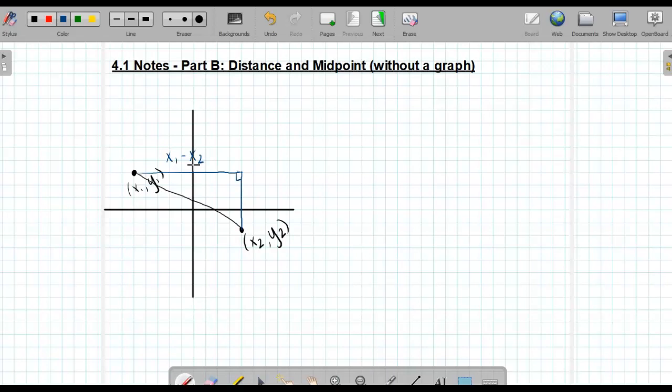It doesn't really matter which order those two are in. I could subtract, and that would give me the length of this side. Right here I just subtracted the x's. And that's for our horizontal side.